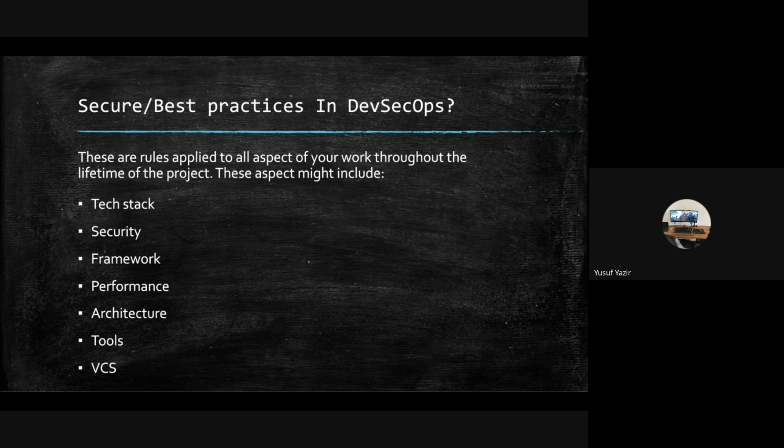You have probably the scan tools, the pipeline, the CI/CD tools, everything. You have to make sure everything is readily available, and also the version control. Am I using GitHub or GitLab? What are the advantages of this? This one has this functionality, but the other doesn't.